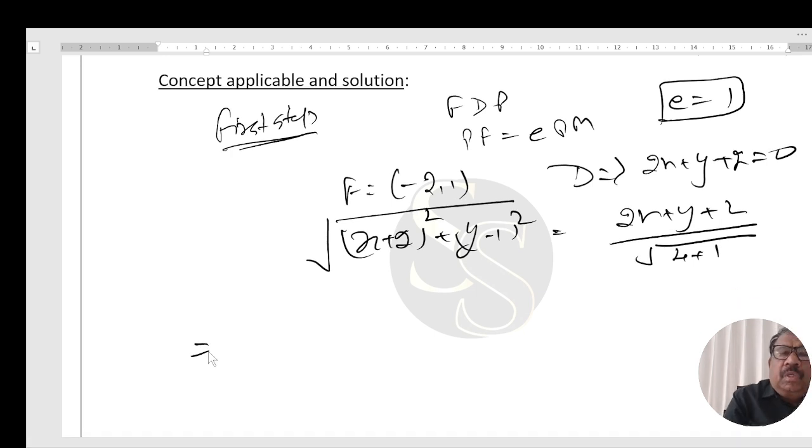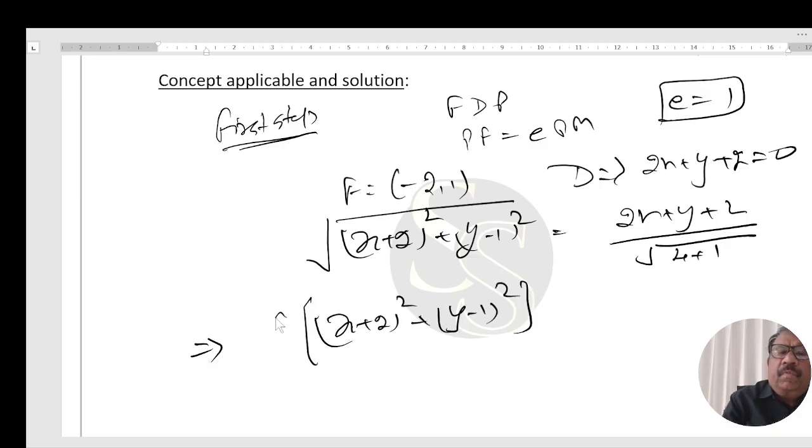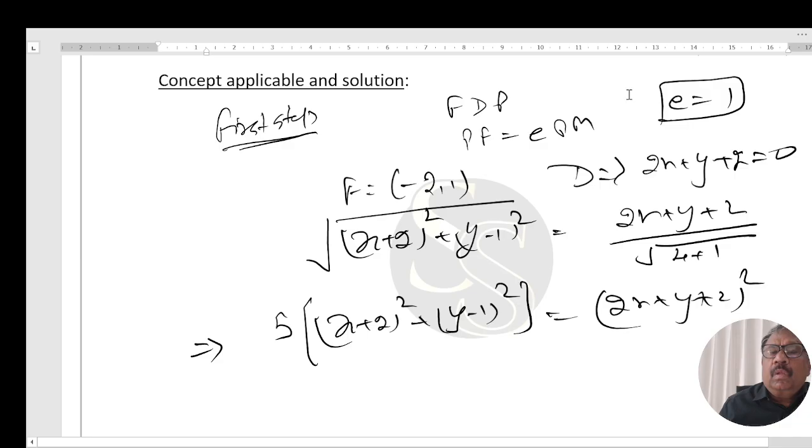Now this comes out to be (x plus 2) whole square plus (y minus 1) whole square, into 5, equal to (2x plus y plus 2) whole square.